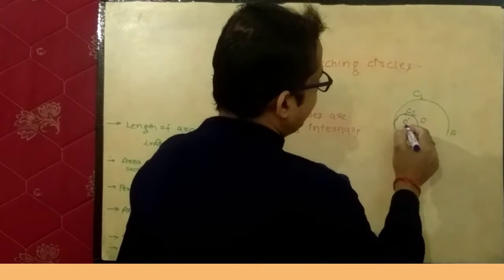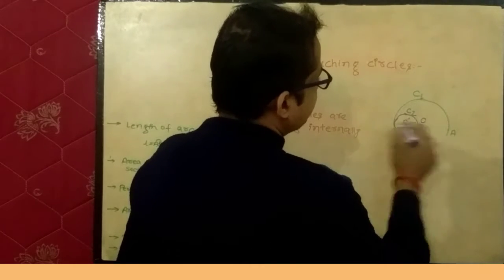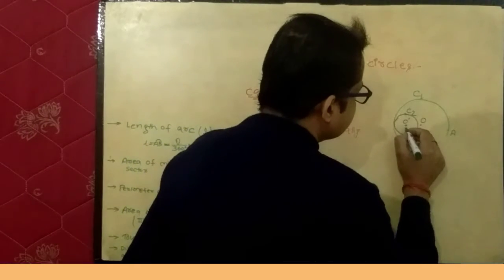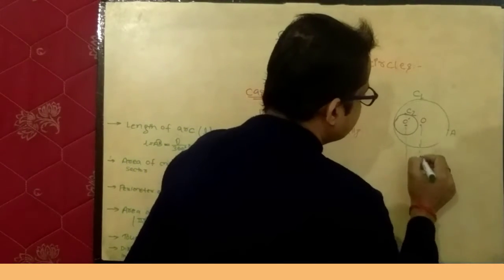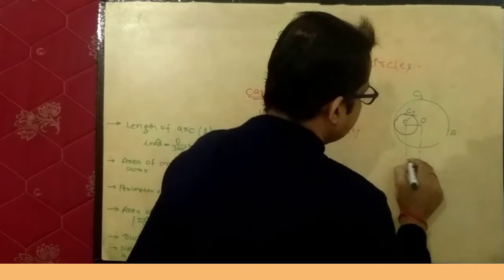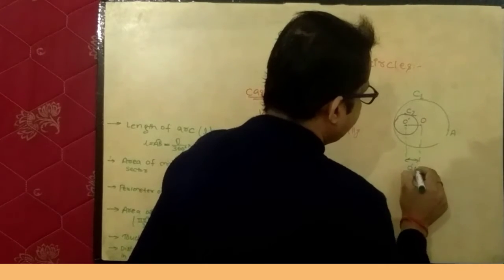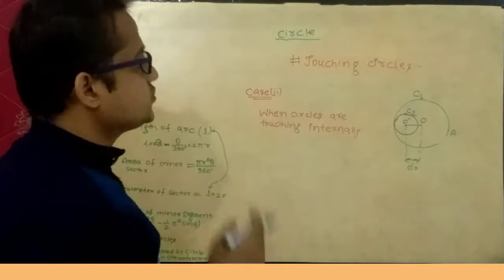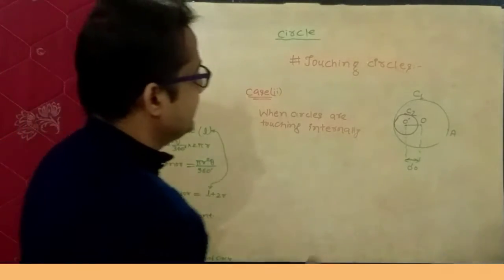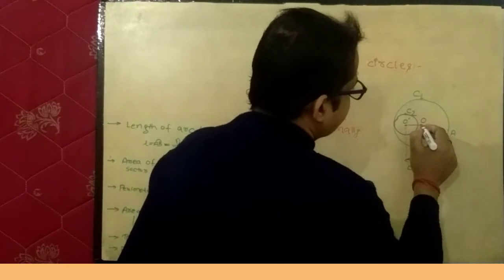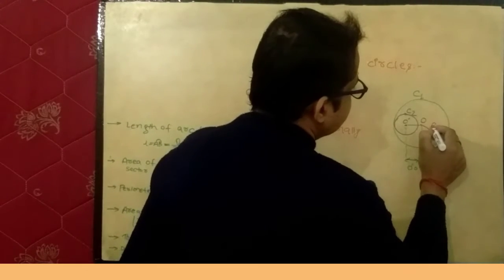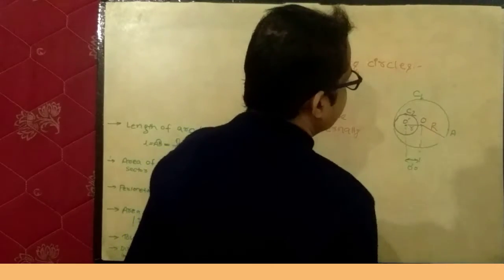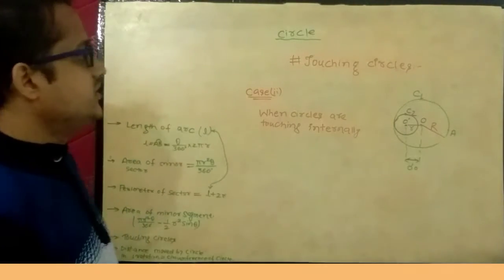Now we have to calculate the distance between the centers of these two circles. This distance is O dash O. Suppose the radius of circle C1 is capital R and the radius of circle C2 is small r.